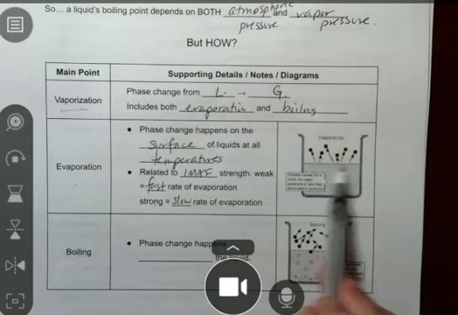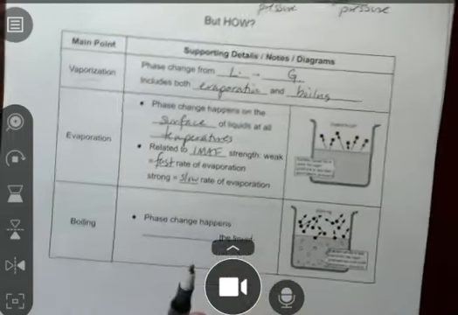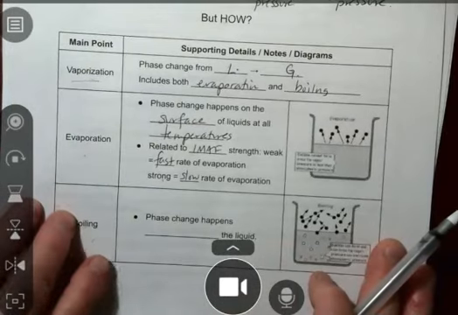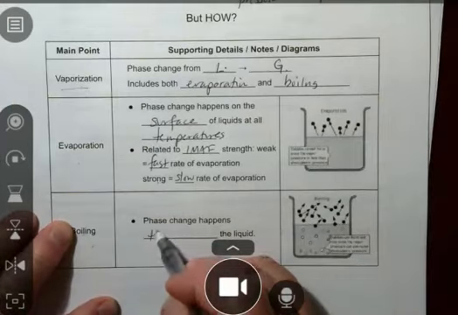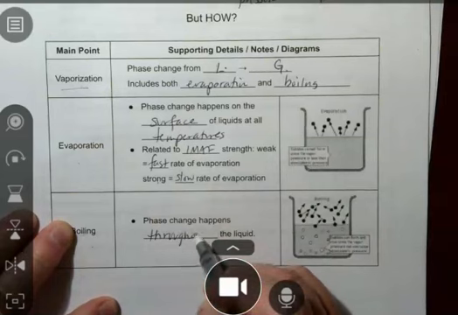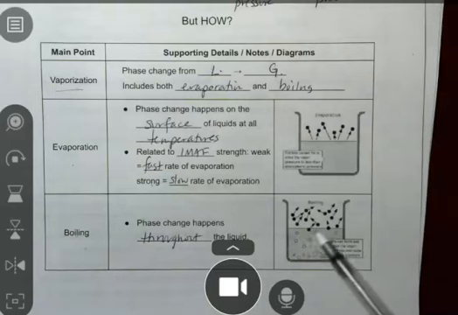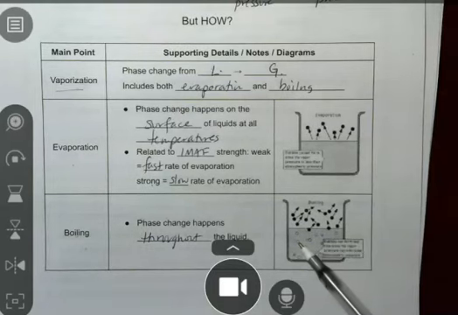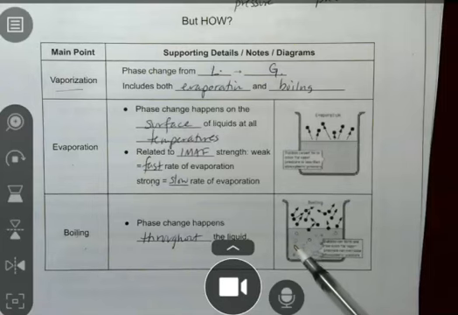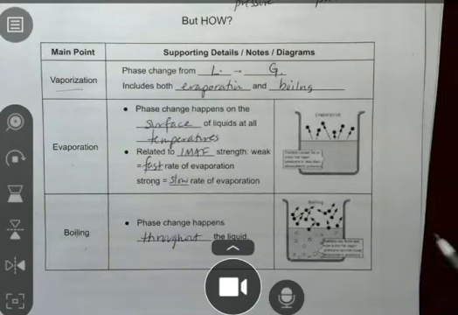But evaporation only happens from the surface. Boiling, on the other hand, is when the phase change happens throughout the liquid. Here we can see that the phase change is not just happening at the surface, but these little bubbles are not air, it's actually water molecules being turned from a liquid into a gas, and then those gas bubbles float up to the top where they are released.